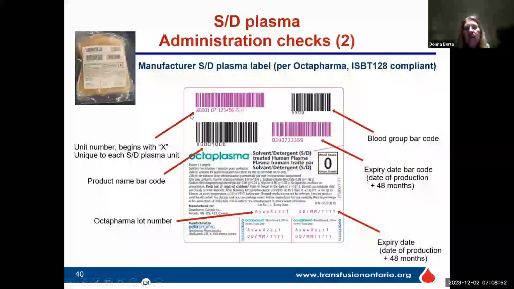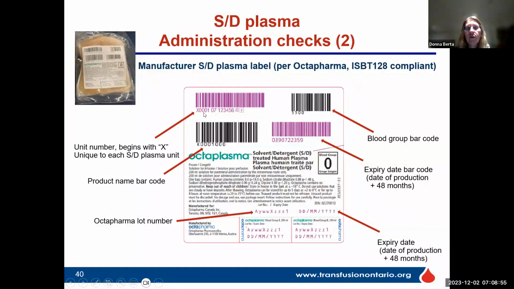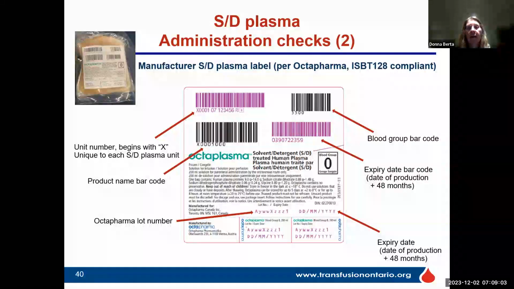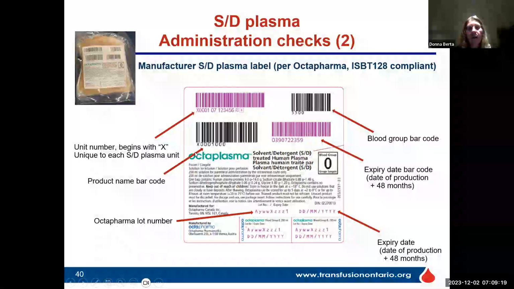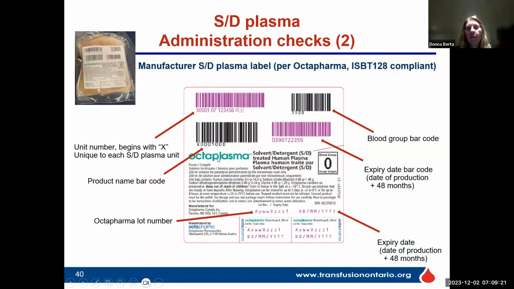But SD plasma, unlike other manufactured blood products, does have a unit number that's unique to each bag of SD plasma, and it starts with an X. And it's listed here on the blood bag label, similar to where we find the unit number for the fresh components that are manufactured by CBS that start with the C. There's also lots of barcodes. There's a barcode for the product name, and that's also written out for you, Octaplasma.